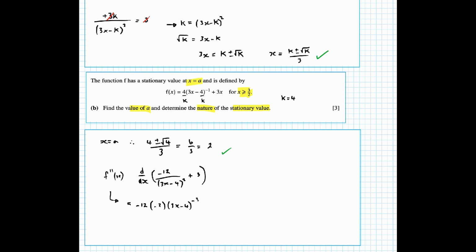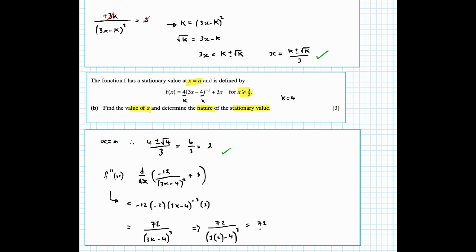And from there you can plug in your x value. I'm just writing it out now, just going through it. So when you've multiplied that together, you can write it out whatever way you want. But I think putting the 3x minus 4 cubed on the denominator is just an easier way of doing it. And so x is equal to 2.